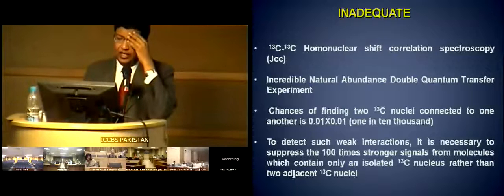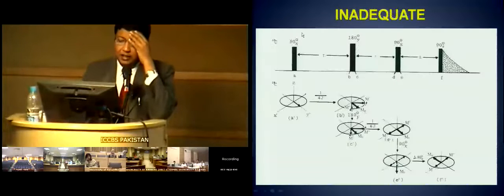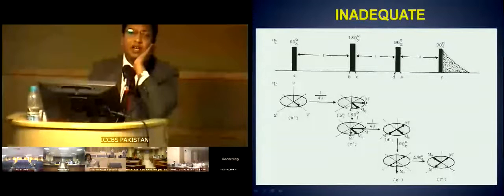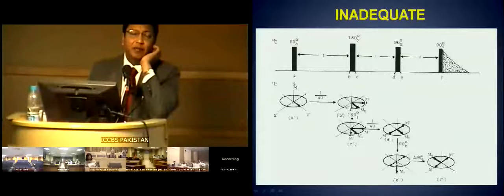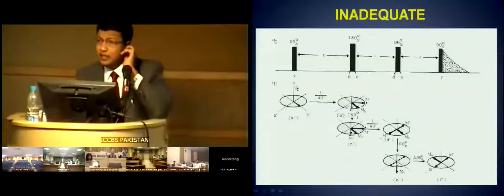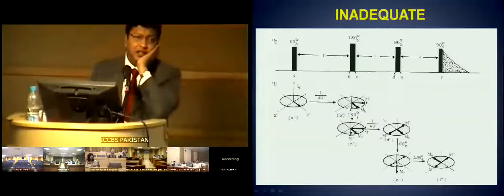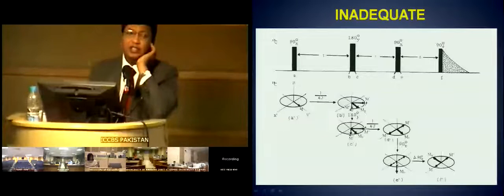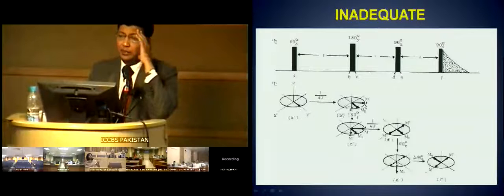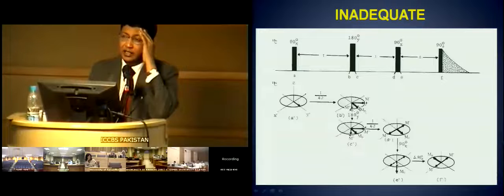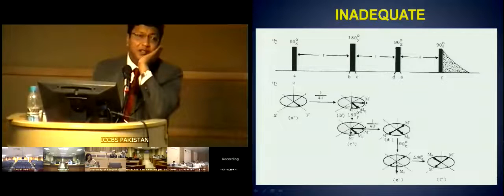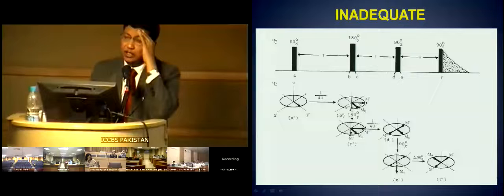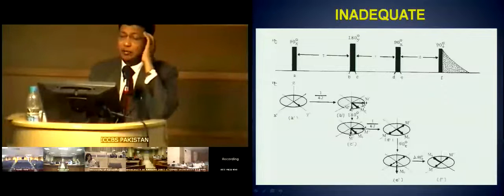I want to take you through a very simple experiment. A 90 X pulse, everything together. One C13 without any neighbor C13 and a C13 with a neighbor C13: it is split into three parts. The center one represents the isolated C13 and the two outer ones represent the C13 because of the neighbor C13.